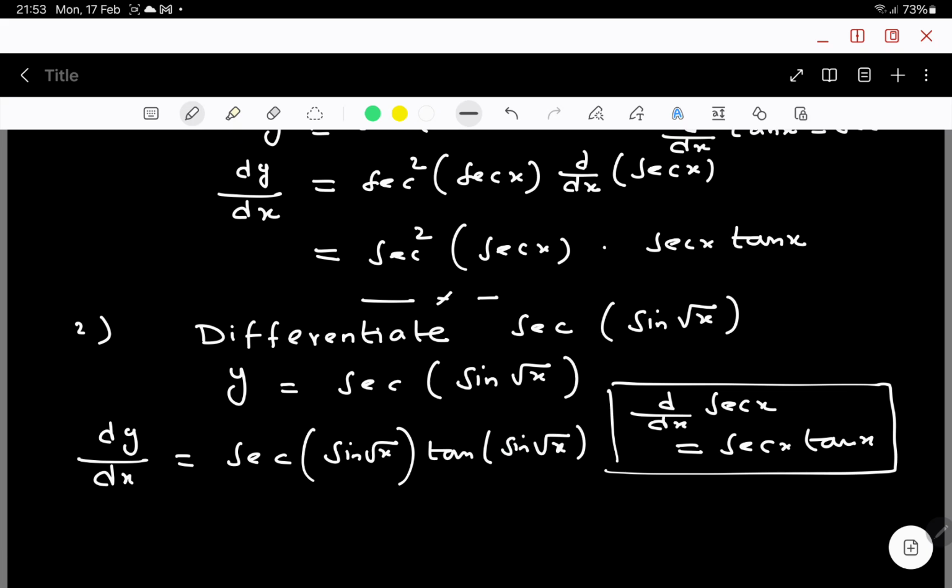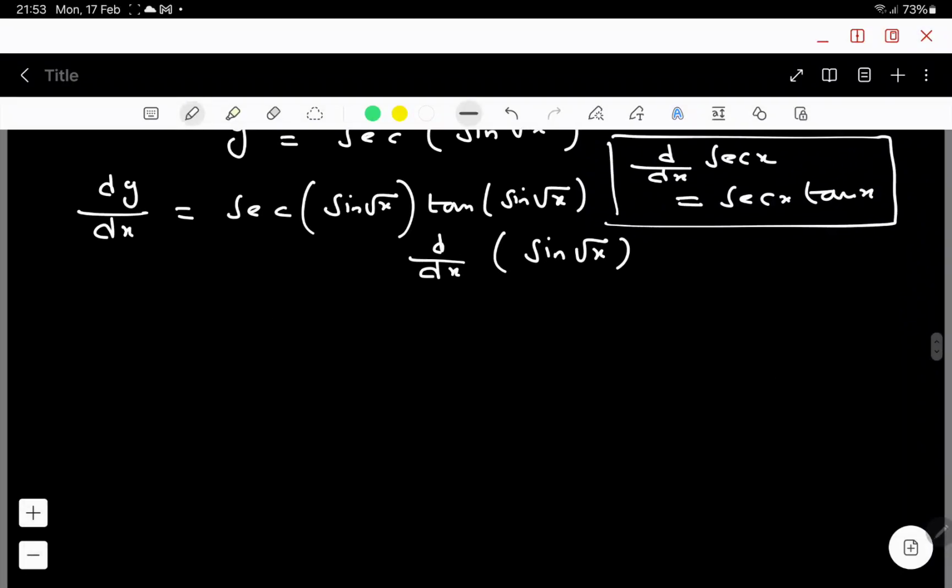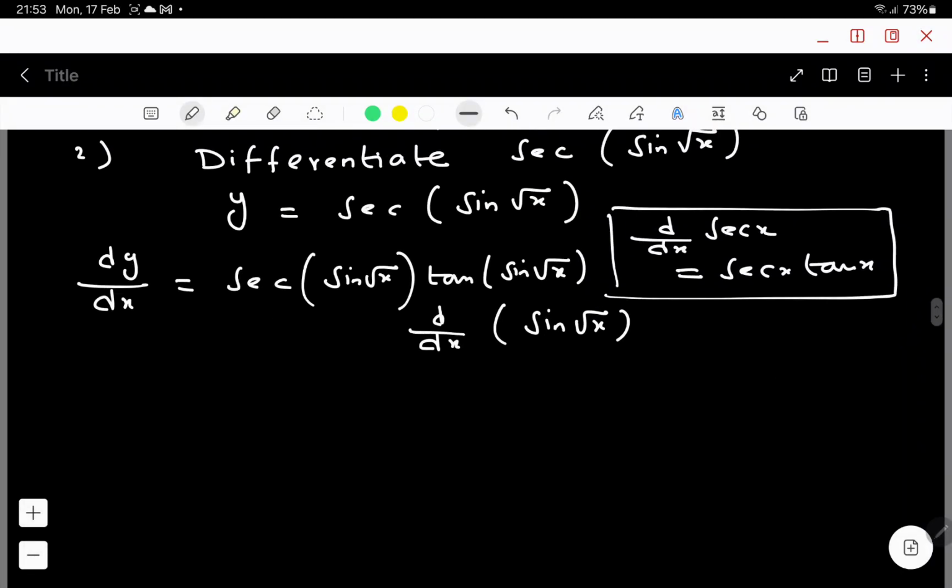Now differentiate sine root x by using chain rule. We know d by dx of sine x is cos x. So d by dx of sine root x is cos root x. Again differentiating root x.